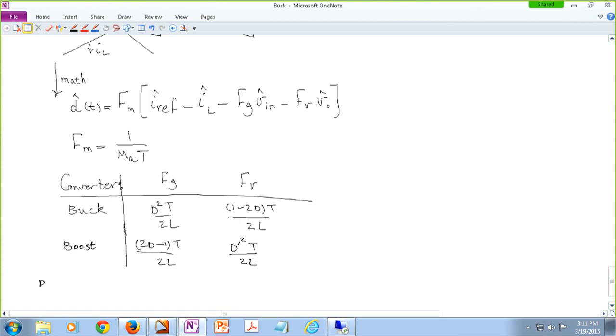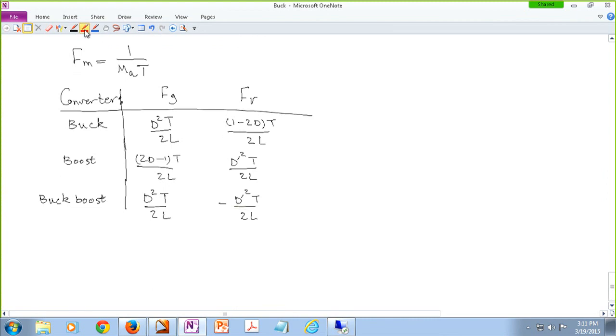And finally, the buck boost: this is d squared T over 2L, and this is negative d prime squared T over 2L. This is the buck boost that we haven't really analyzed in this class, where Vout over Vin is negative d over 1 minus d.